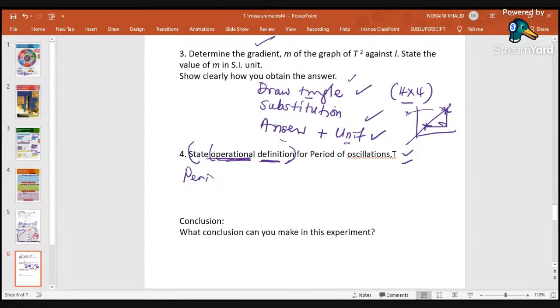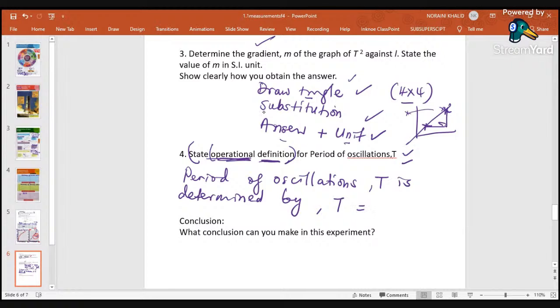So period of oscillation, for me, we can say something like the formula that you use to calculate period is determined by T equals to time for 20 oscillation divided by 20.